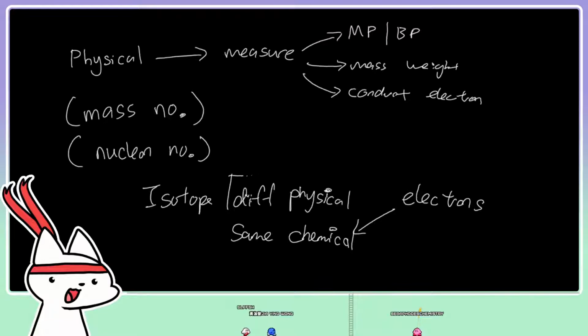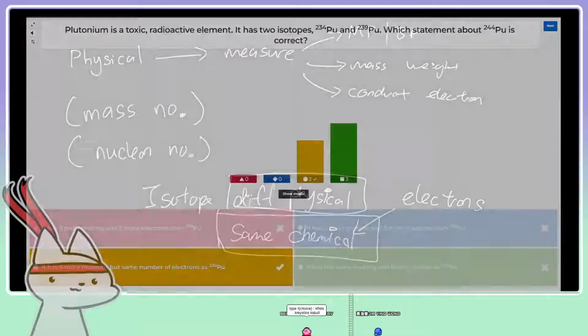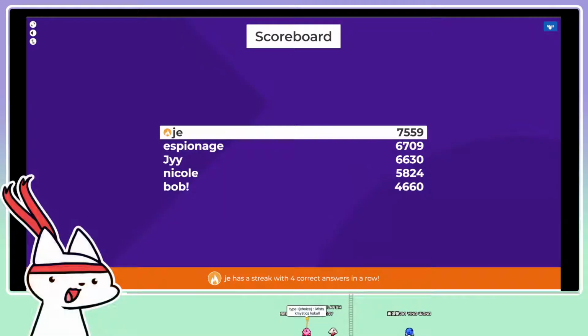Therefore, we have different physical properties, same chemical properties. This was emphasized because it helps you understand other chapters such as the periodic table and chemical bonding. It's good to know and worth investing in to understand this kind of scenario. Okay, moving on.